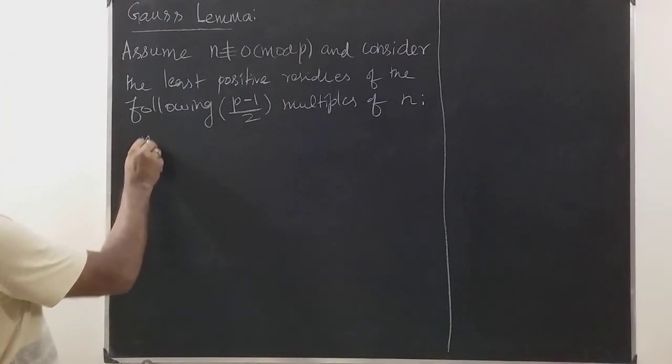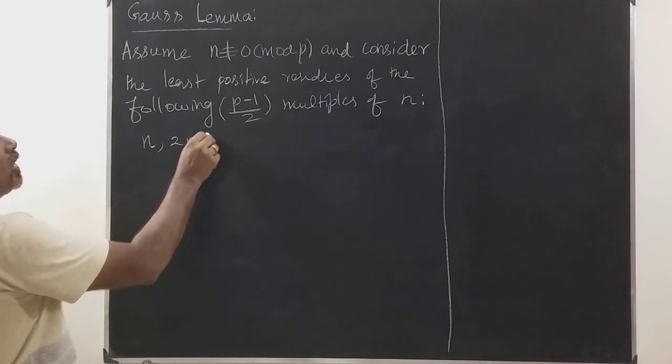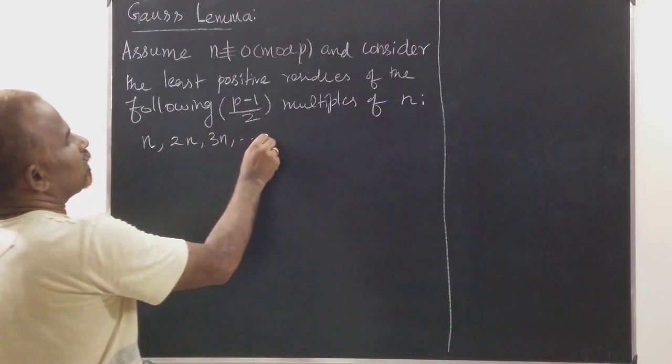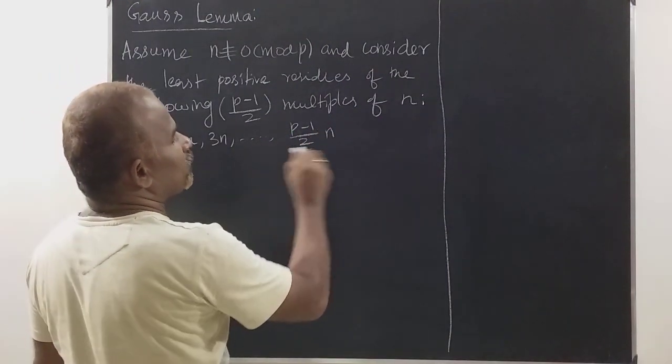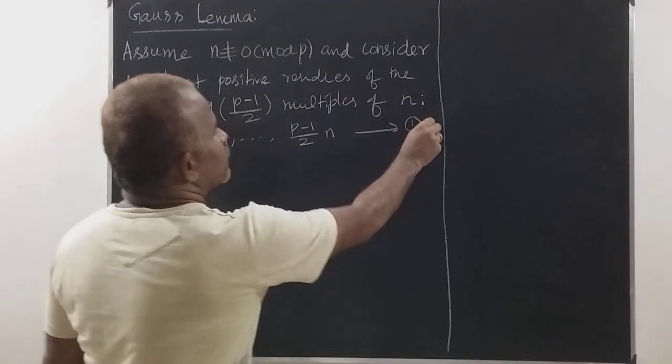So that is n, 2n, 3n, etc., up to ((p minus 1)/2) n. So we call this equation number 1.